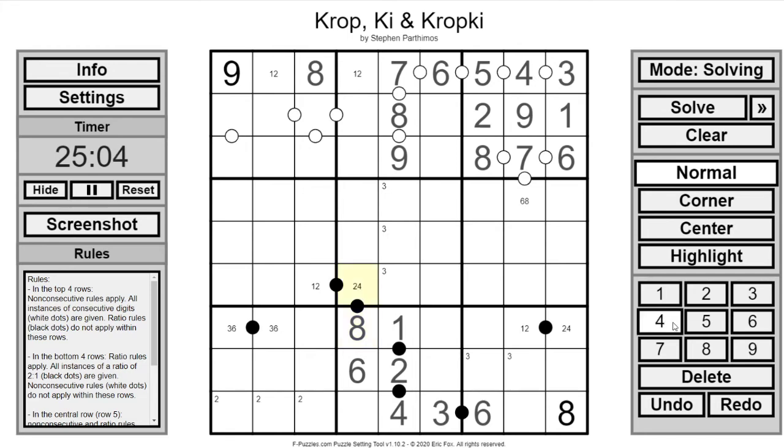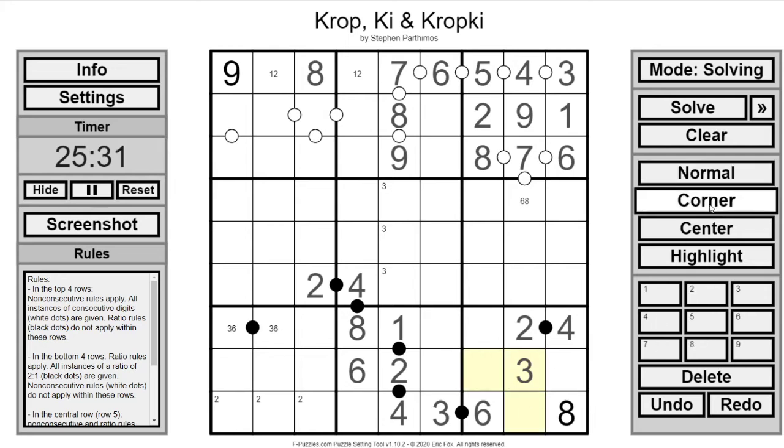And this has to be a 4, and that's a 2. And this 1 forces 2, 4. Three can't go next to a 6 because of the black dot rule. So we get that 3 down.